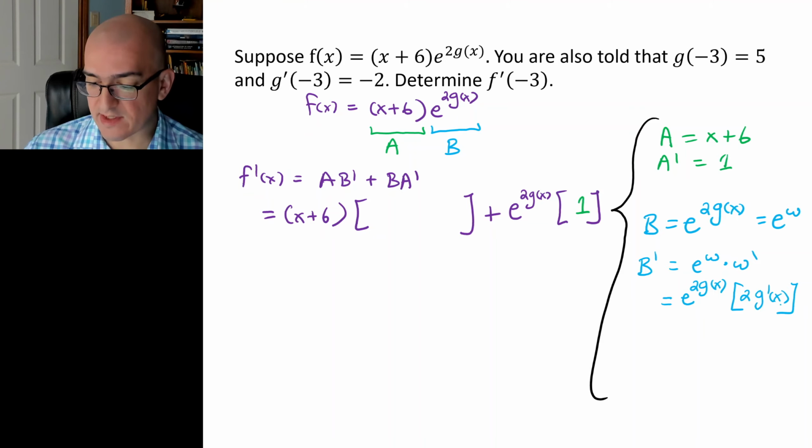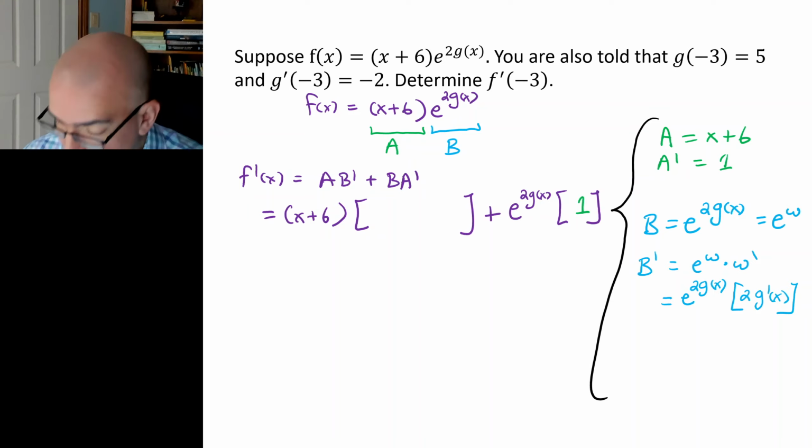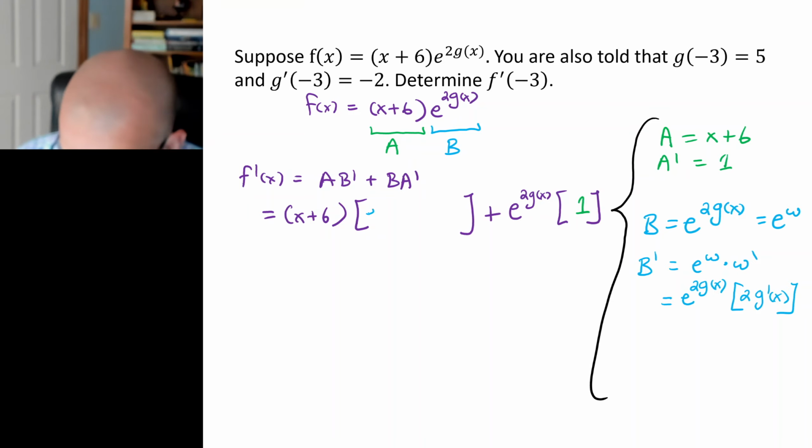All these things are connected. The implicit differentiation and the chain rule are the same thing. And this statement, this e to the w prime, that's just a special type of chain rule. Anyway, I'll plug that in over here. E to the 2g of x times 2g prime of x.